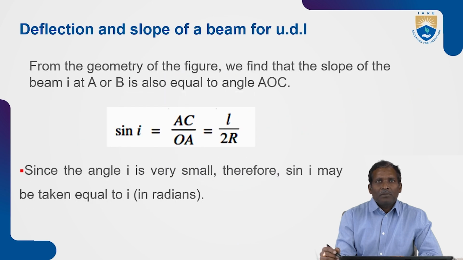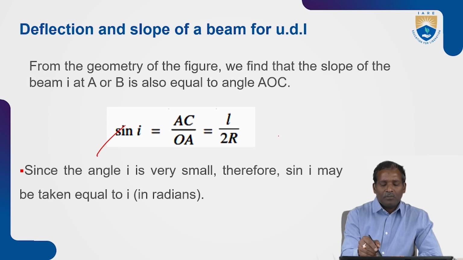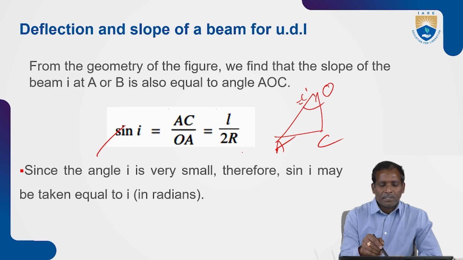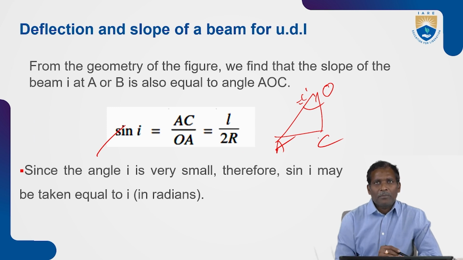From the diagram, sin I is equal to AC by OA, so sin I is equal to L by 2R.